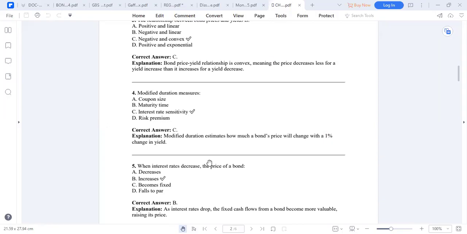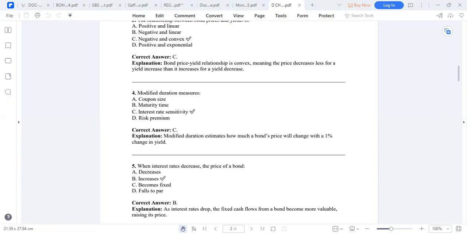Modified duration estimates how much a bond price will change with a 1% change in yield. It is used to estimate the percentage change in the bond price for a 1% change in yield to maturity.